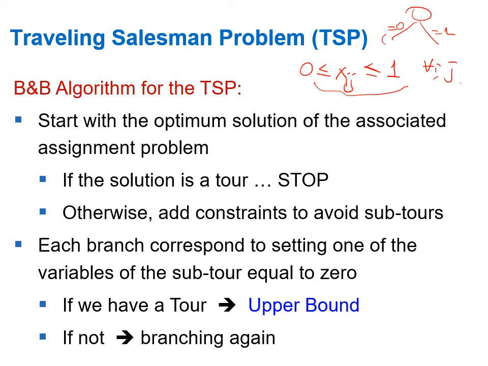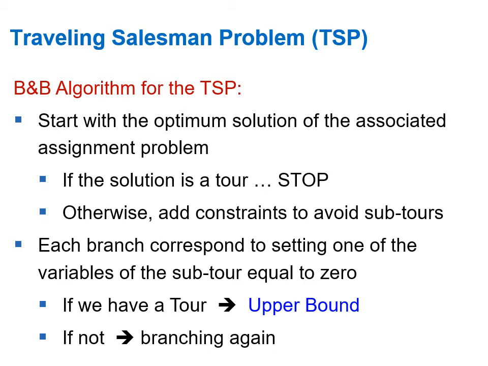So we can obtain a relaxation of the TSP by just ignoring the subtour elimination constraints. So the idea of the branch and bound algorithm for the TSP is relaxing the problem not by relaxing the decision variables, but by eliminating or deleting the subtour elimination constraints.